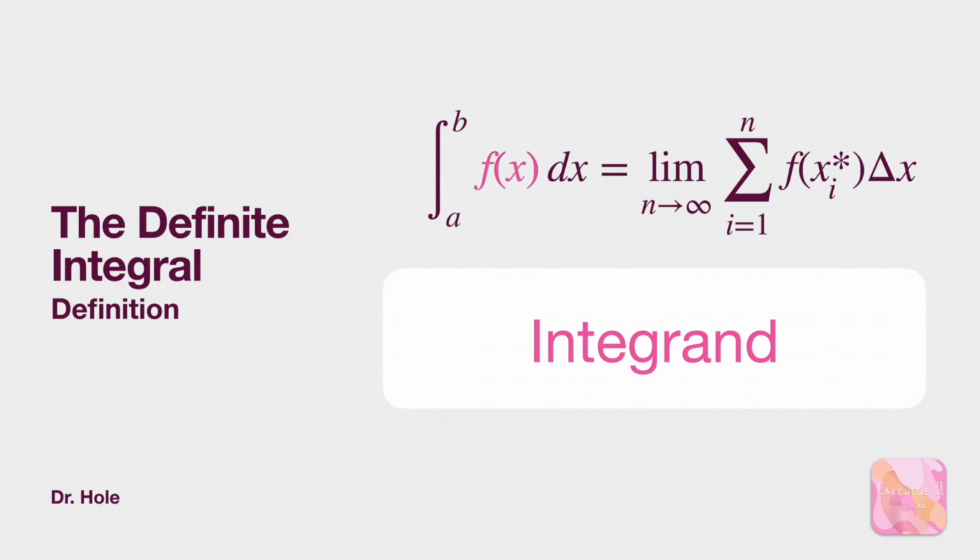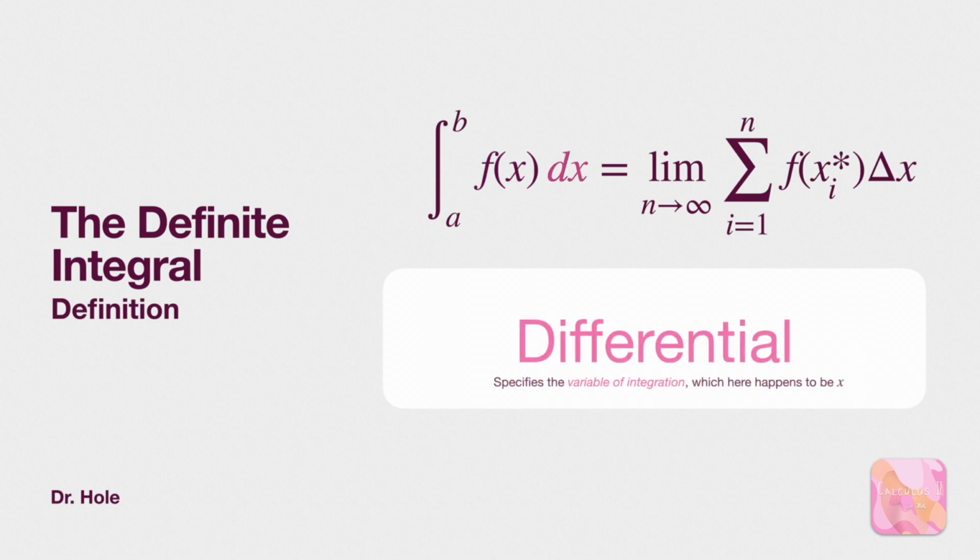When we write down a definite integral, we write down the definite integral of a function. The function that you're taking the definite integral of is referred to as the integrand. So f is the integrand. And then the final piece is the differential dx.